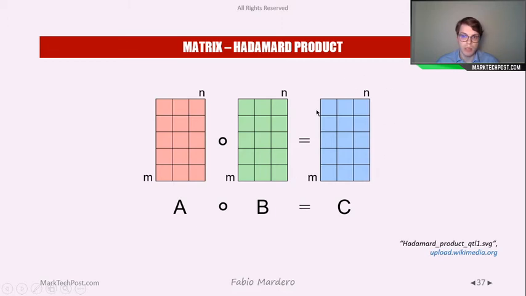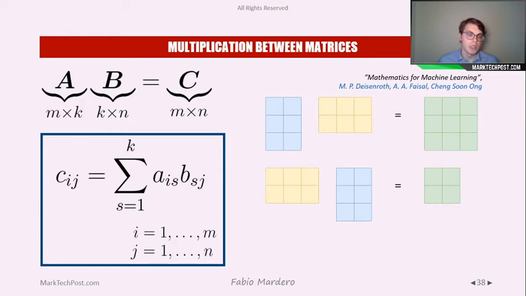The dimension of the resulting matrix is the same as that of the other two, A and B. But other than the Hadamard product, we can define another multiplication, which here I call multiplication between matrices, in a generic way, where the two matrices do not have to have the same dimension, because here A has m rows and k columns, and the B matrix has k rows and n columns.